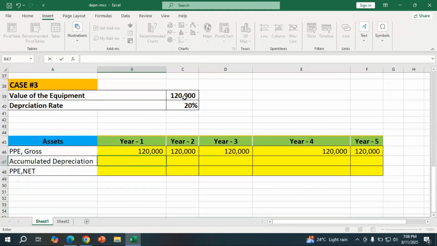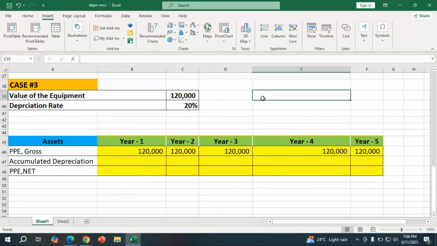So here how do you do it, is equals to into 20%. So 24,000 I have got it.